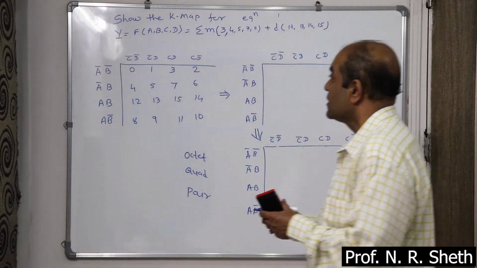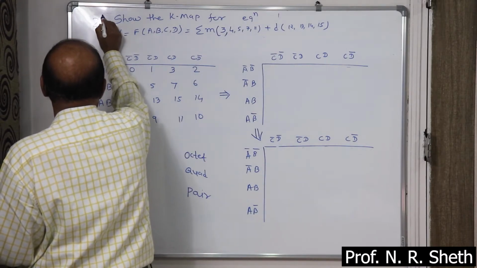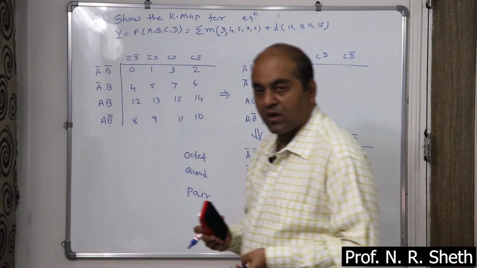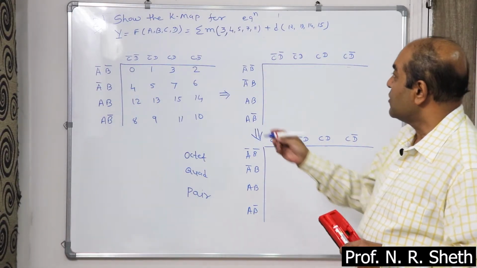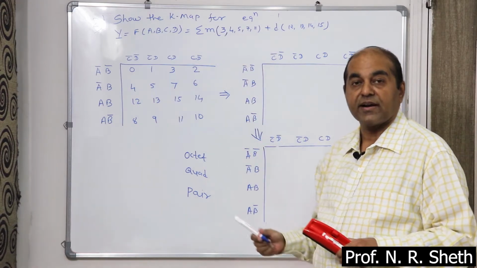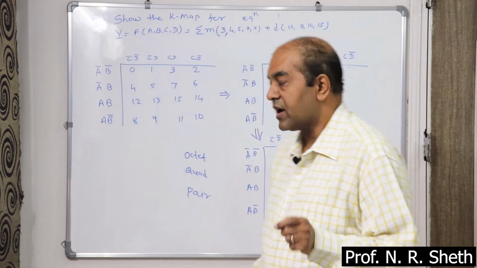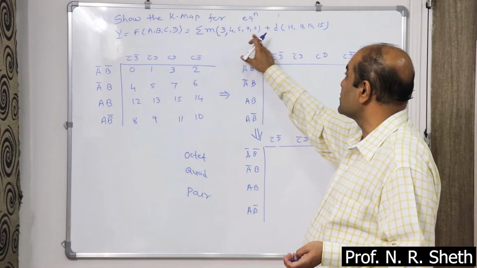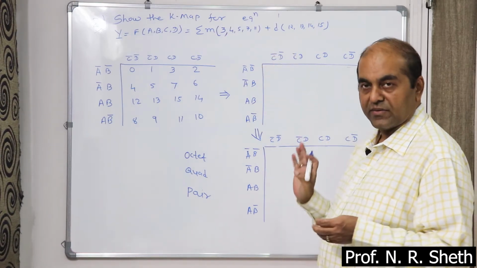Okay. Number 2. Show the K-map for the following one. Only one change: 3 is added here. In the previous example, output is high for state numbers 4, 5, 7, 11. Now here it is for 3, 4, 5, 7, 11.